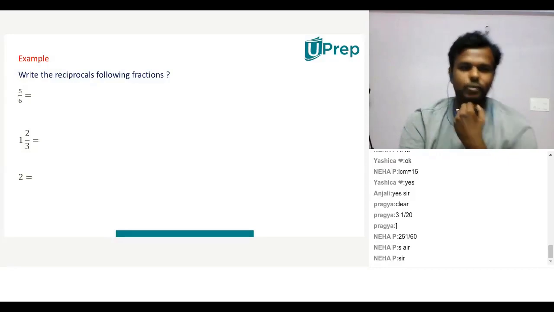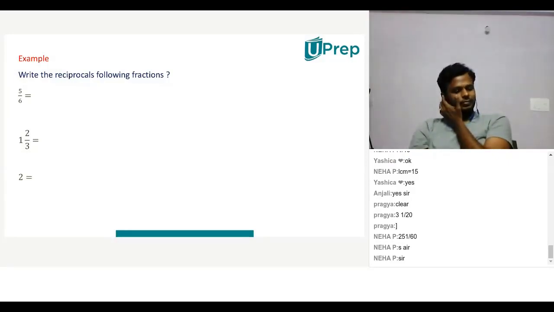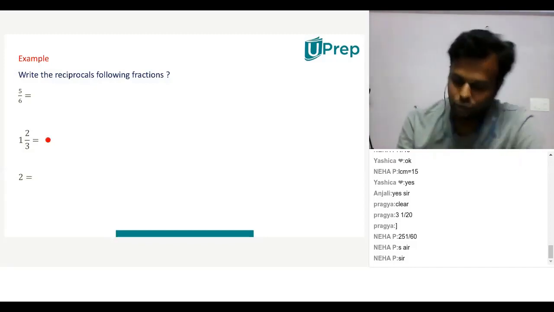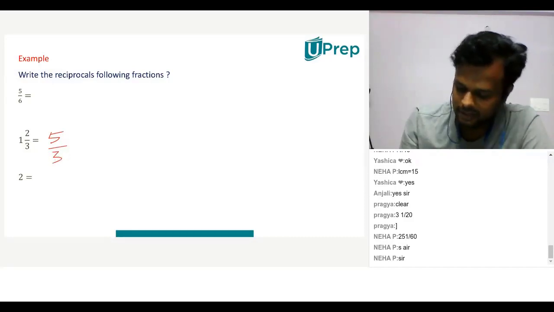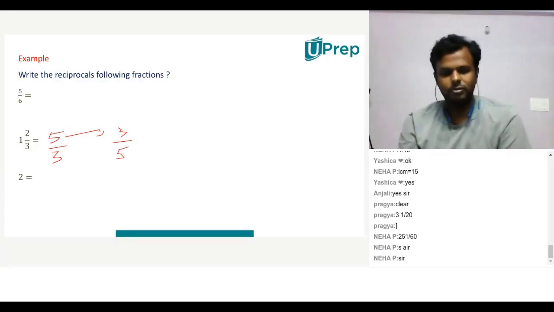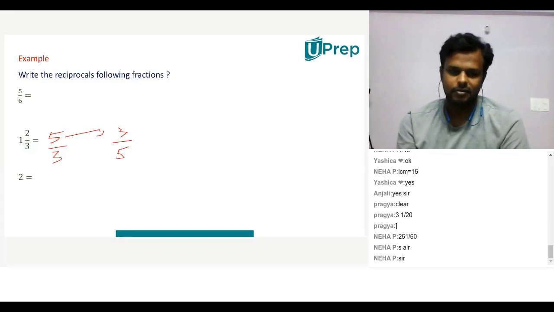How about 1 and 2 by 3? 5 by 3, so its inverse will be 3 by 5, right? Yes, you are right, correct. And then what about 2? Inverse of 2 is 1 upon 2. That's it. Very good.